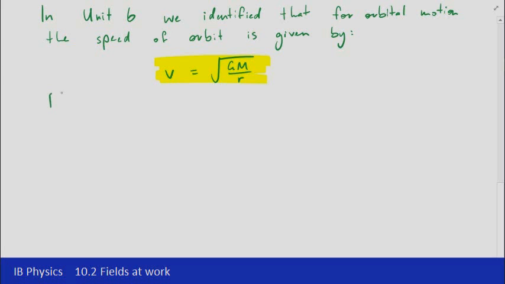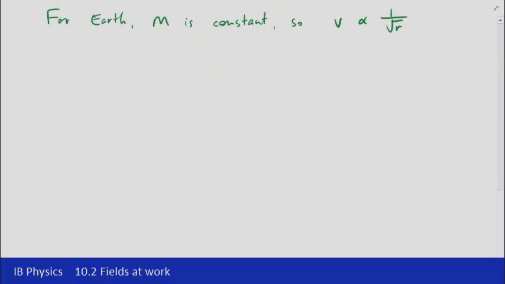Now for Earth, we know that that mass M is constant, as is the value for G. So we then have a relationship that v is proportional to 1 on root r. That basically means that the higher the orbit, the slower the orbital speed will be. So just a quick point to note there, linking into Unit 6.